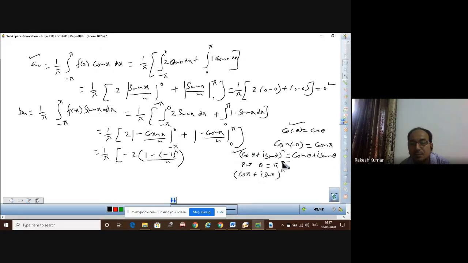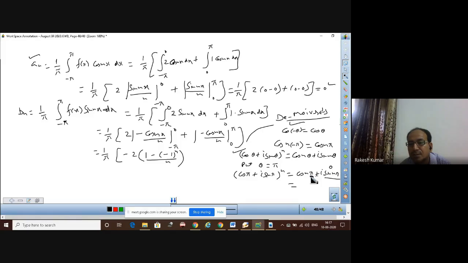This is De Moivre's theorem. So this comes out to be cos n pi plus iota sine n pi, and we know that sine of all multiples of pi is 0.